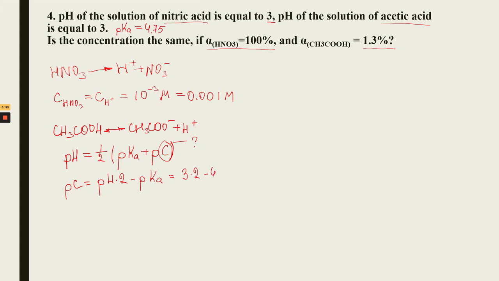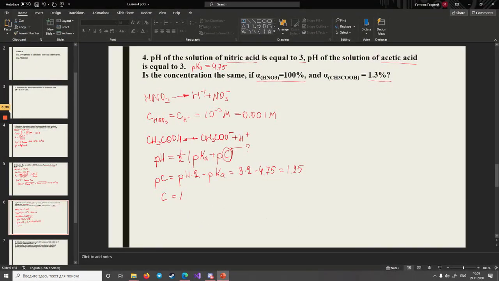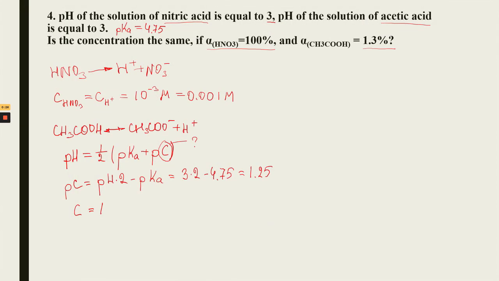So minus 4.75, and we find that it is 1.25, and to find the concentration you have to take 10 to the power minus 1.25, and it is 0.056 moles per liter. This is for acetic acid.